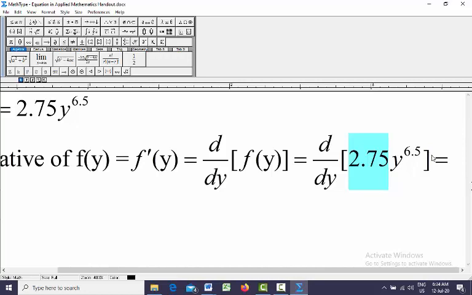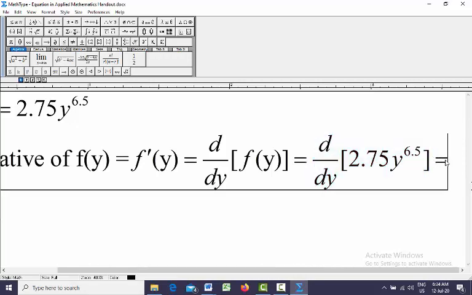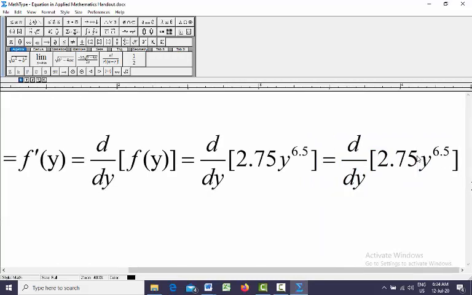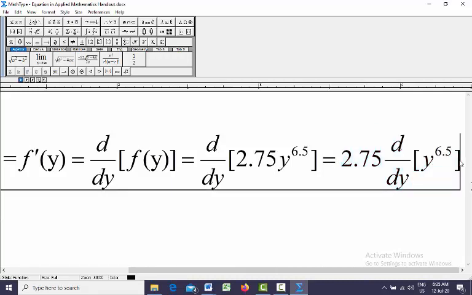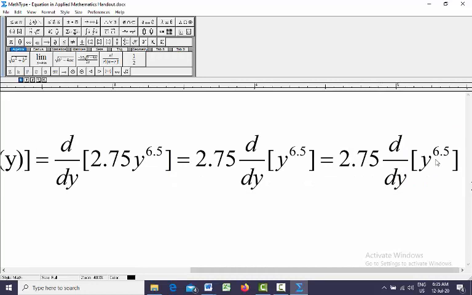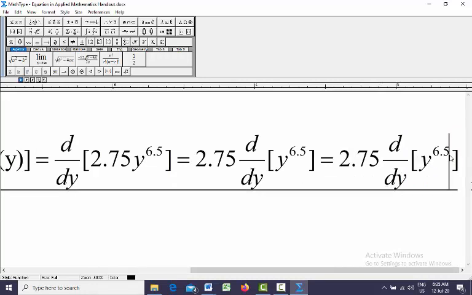So you need to bring this one outside, and then we will solve it this way. So now we need to do differentiation of this one.